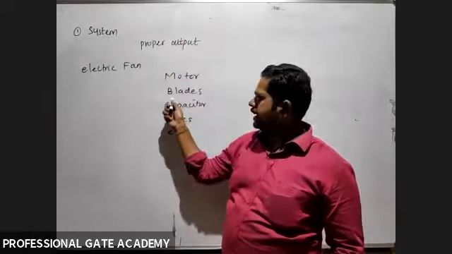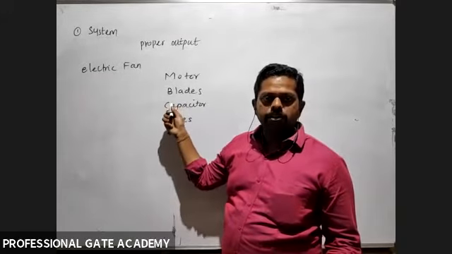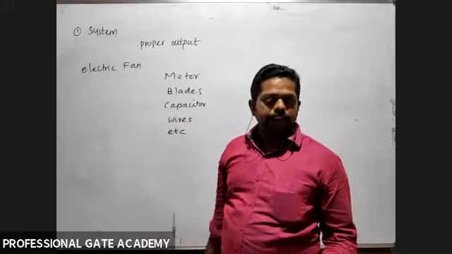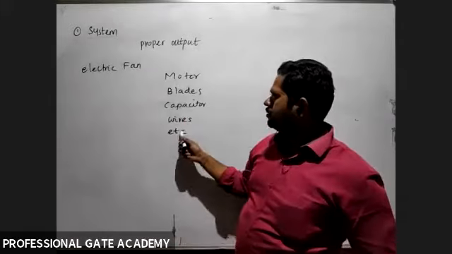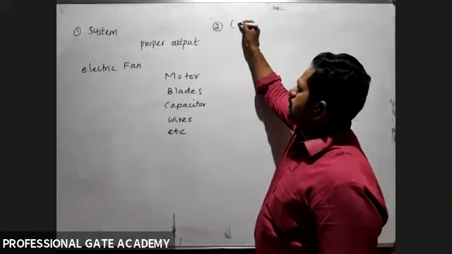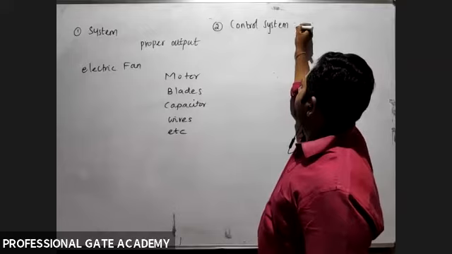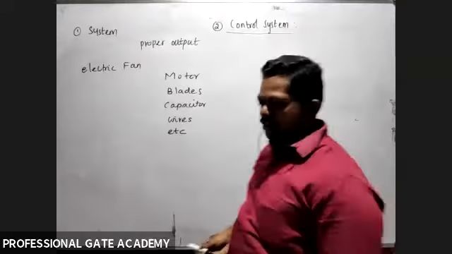For the electric fan, which one is input? Power supply. Which one is output? Air circulation. Okay, air circulation is the output. That is system. Now take the second one: control system.